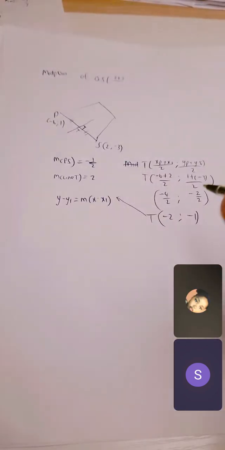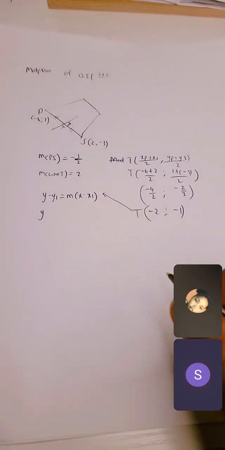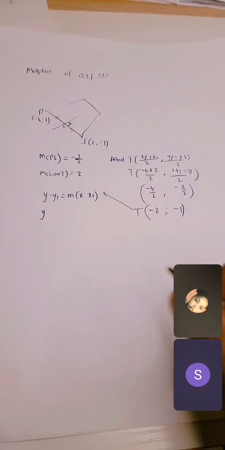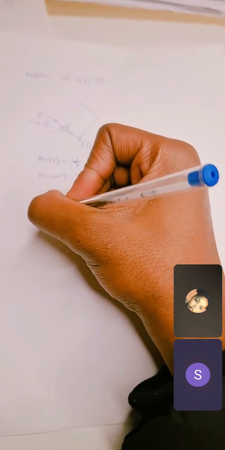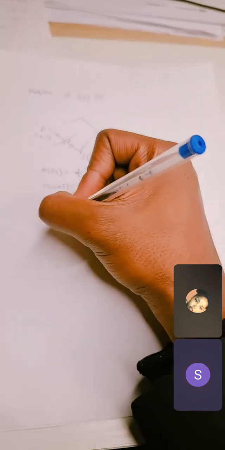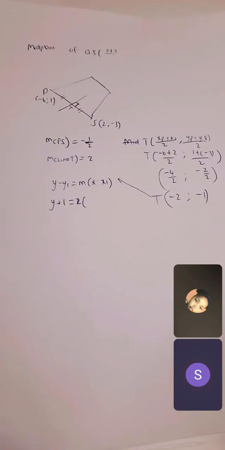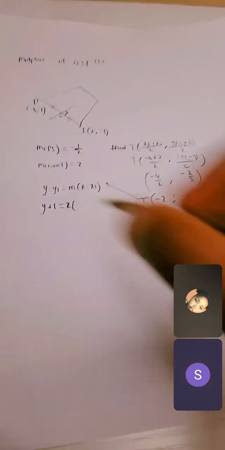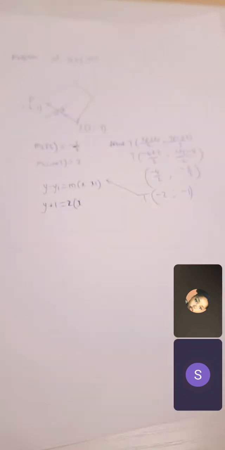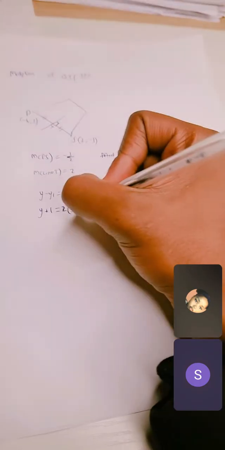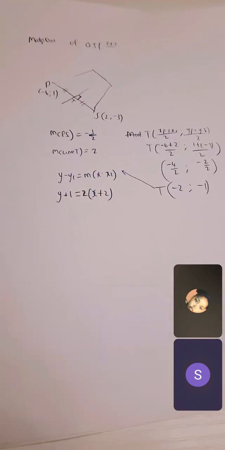Then it's going to be y minus -1, which is y plus 1, equal to 2 times x minus -2, which is x plus 2.